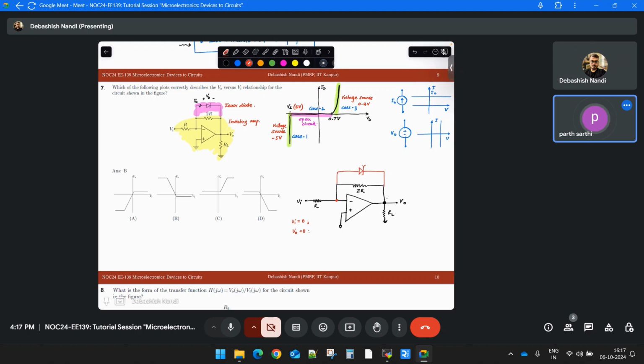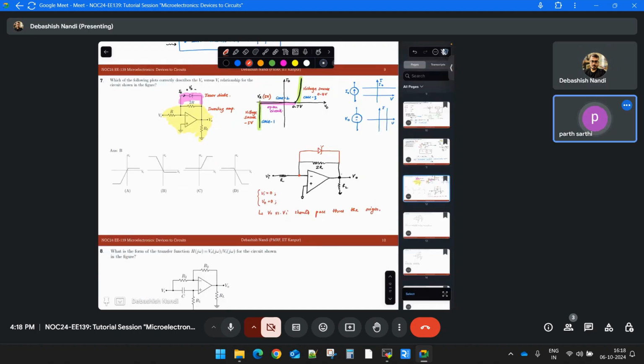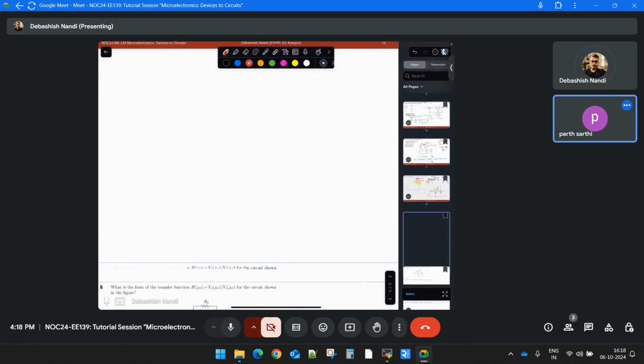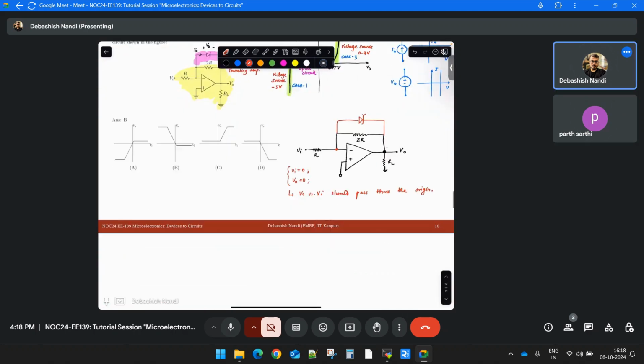So first thing is that your V out versus Vi should pass through the origin. Do you get this point?